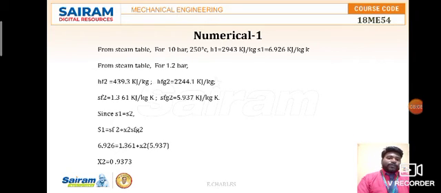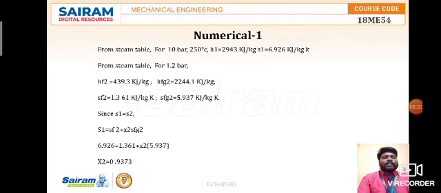Here it is given that the process is adiabatic, that means entropy is constant. Since it is mentioned in the problem as an adiabatic process, we can take S1 equal to S2. So S1 is equal to SF2 plus X2 into SFG2, where X2 is the dryness fraction.